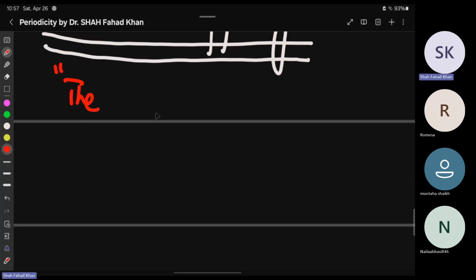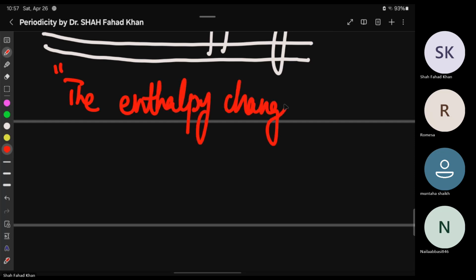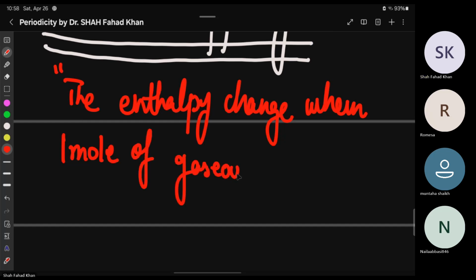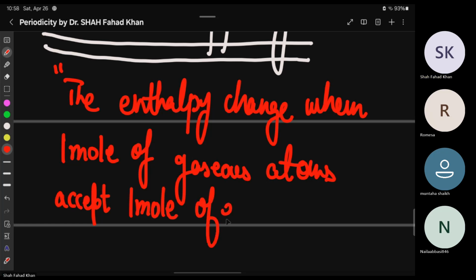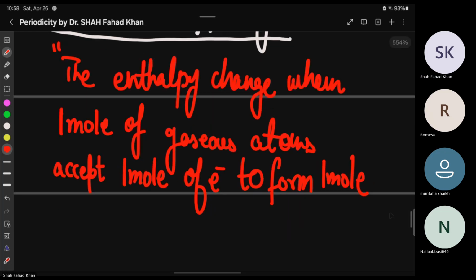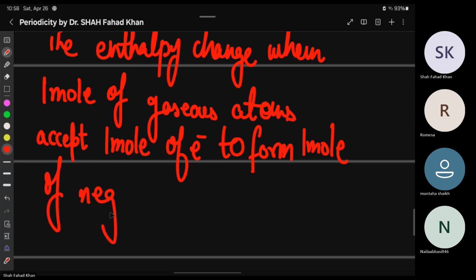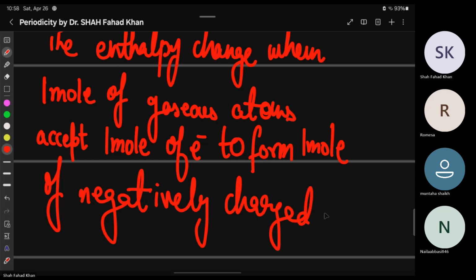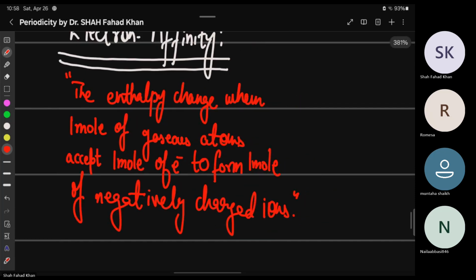Electron affinity is the enthalpy change when 1 mole of gaseous atoms accepts 1 mole of electrons to form 1 mole of negatively charged ions. That's our electron affinity.